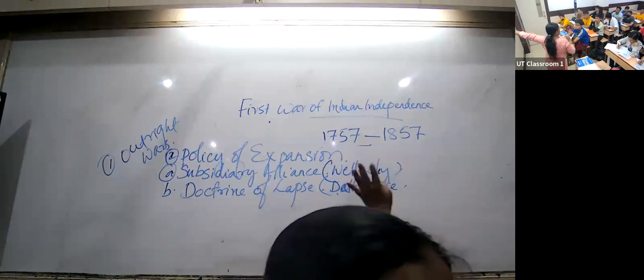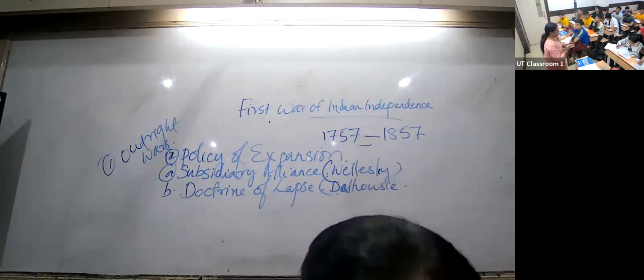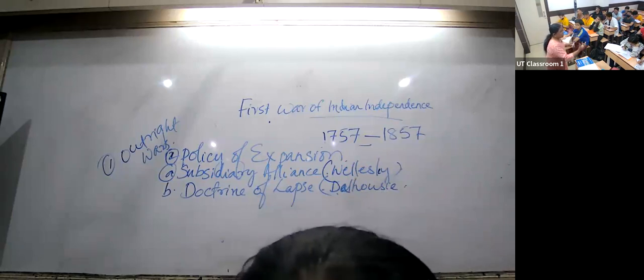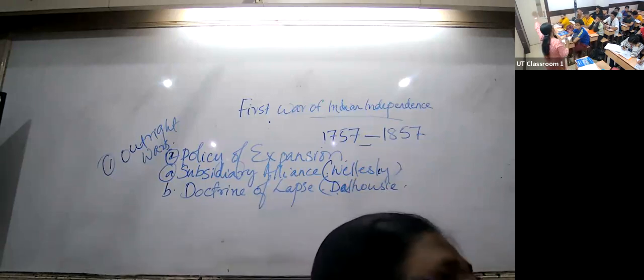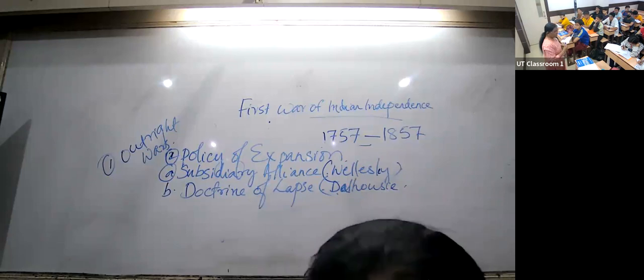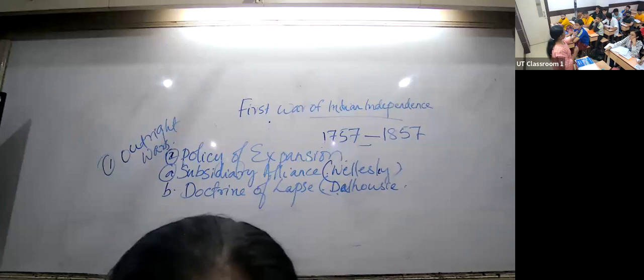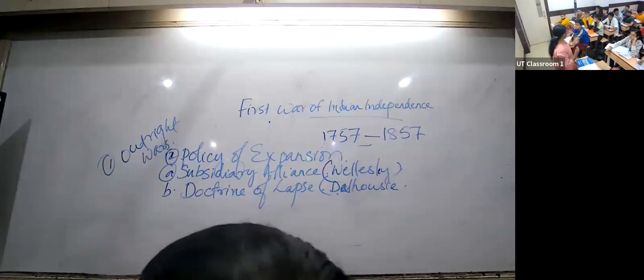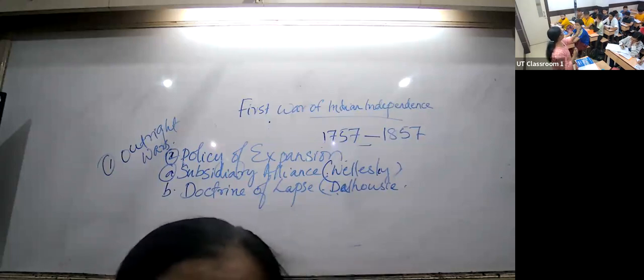But when Dalhousie came, he introduced a new policy according to which if a king did not have any natural heir, that kingdom would be annexed to the British. According to that, many territories, Jhansi, Satara, all these territories were annexed.